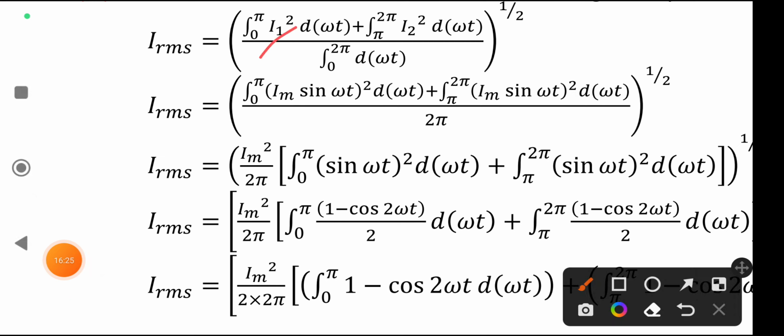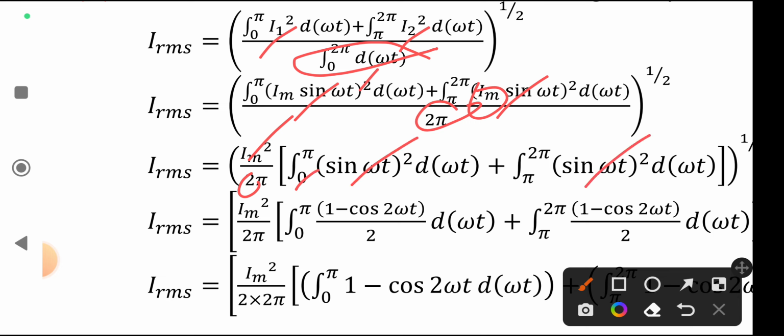Now substitute the I1 and I2 values here. Take Im outside, but since it is squared, it comes outside as Im square, along with 2 pi. Now we have sine square and sine square, but the limits are different. Sine square can be written as 1 minus cos 2 omega t by 2.